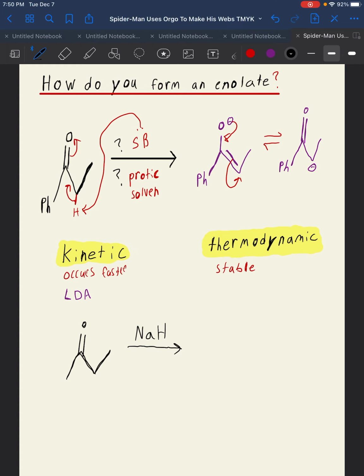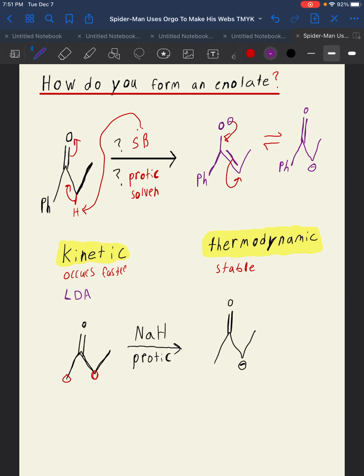So when we react this with NaH in a protic solvent, are we going to deprotonate these hydrogens or these hydrogens? Well, the more stable product, which is your thermodynamic product, would be this enolate form. And the less stable but quicker forming product would be this enolate form.